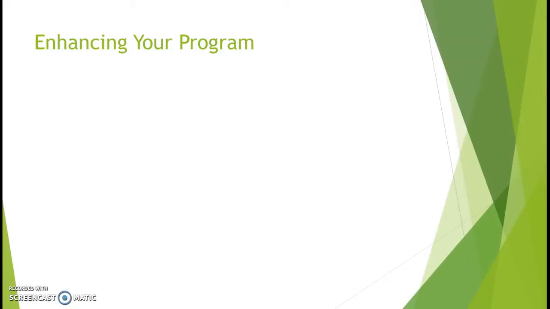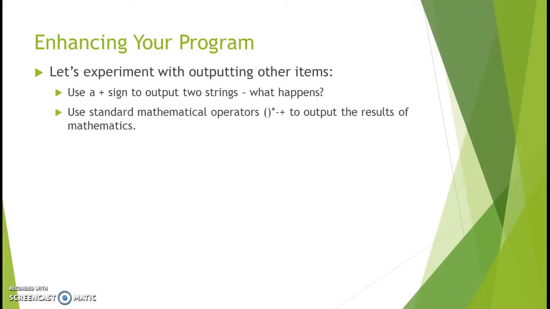So you can go ahead and write a similar program to the one I just did. And then once you've got that running on the screen, once you've compiled it successfully, try experimenting with it. Try using a + to output two strings and see what happens.